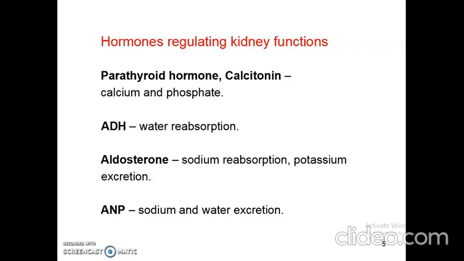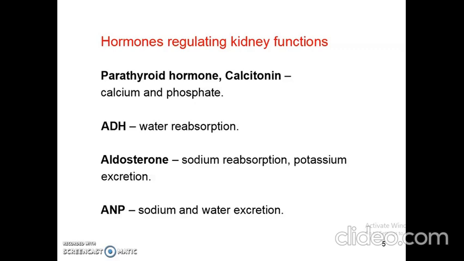The parathyroid hormone function is opposite to that of calcitonin. When there is a low level of calcium and phosphate, parathyroid hormone is released, and it normalizes these levels by increasing reabsorption of calcium as well as phosphate. This hormone is released by the parathyroid gland.